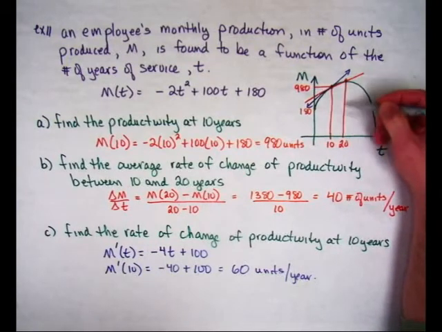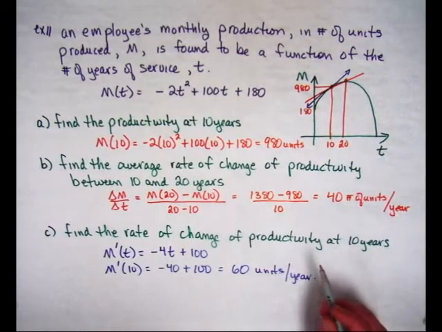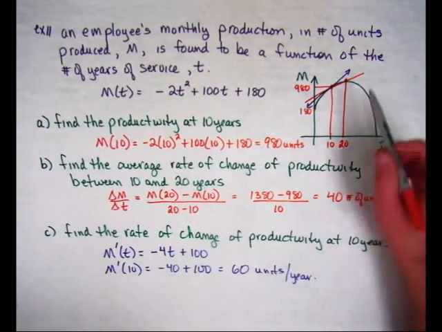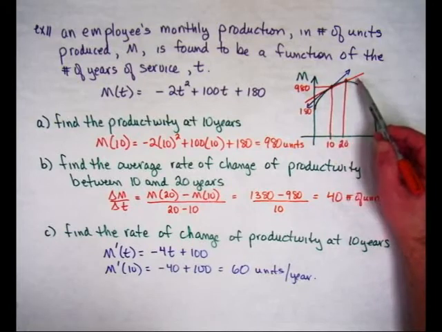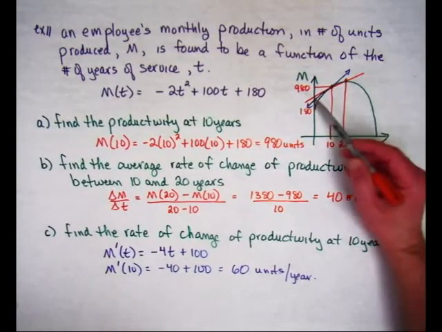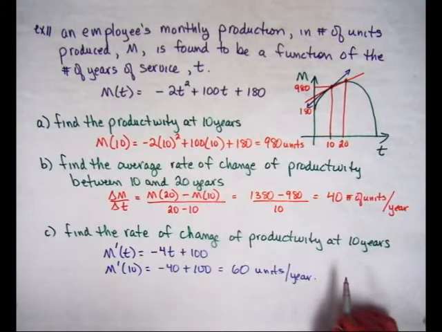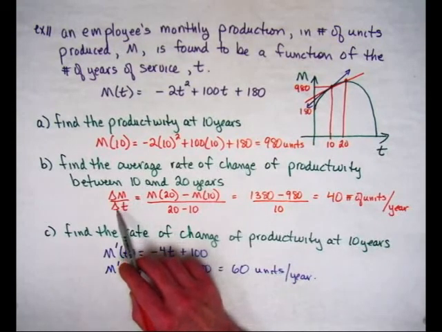If I plug in 20 years, it turns out that the employee was producing 1,380 units. That would be M at 20. If I want to find on average what their productivity was doing, it's called the average rate of change, and it's a slope of the secant. This red line right here represents a secant line joining the points 10 and 20. That's going to give me, on average, the rate of growth of the production of this employee. So finding the average rate of change is just a secant slope.